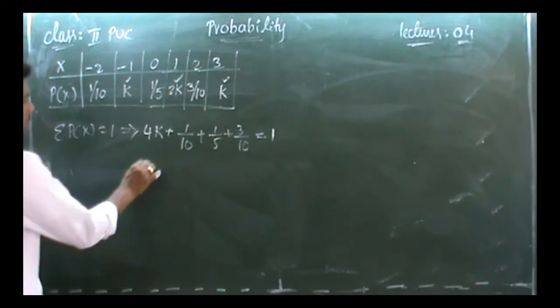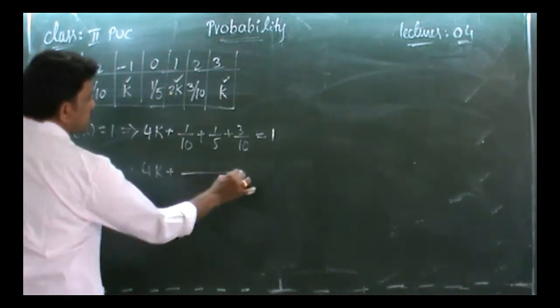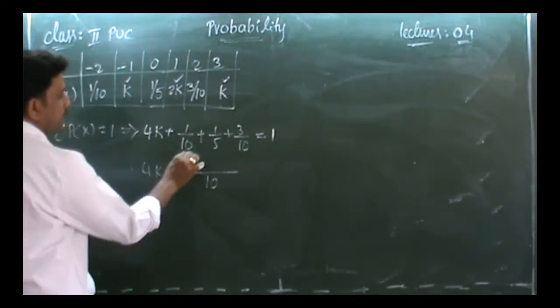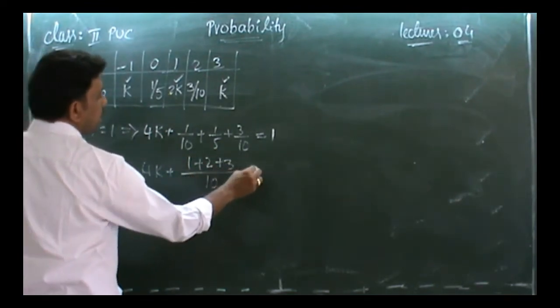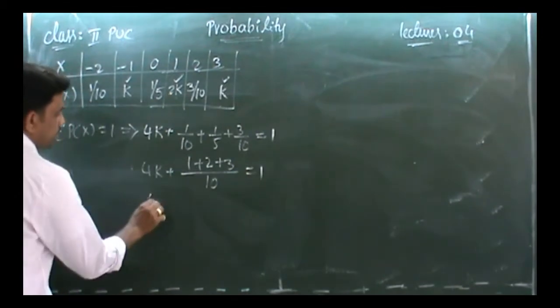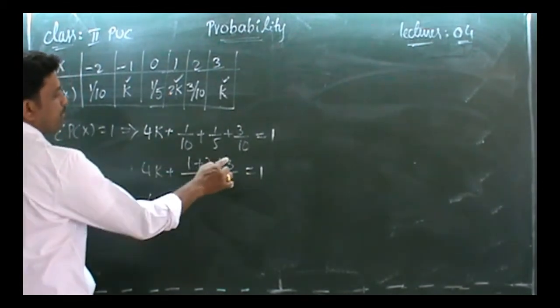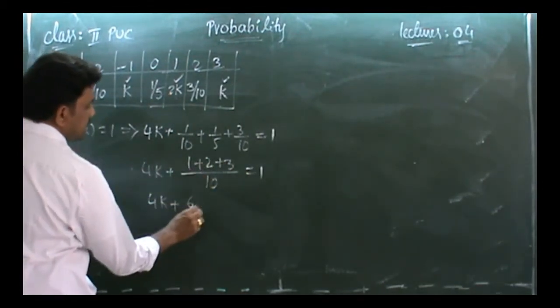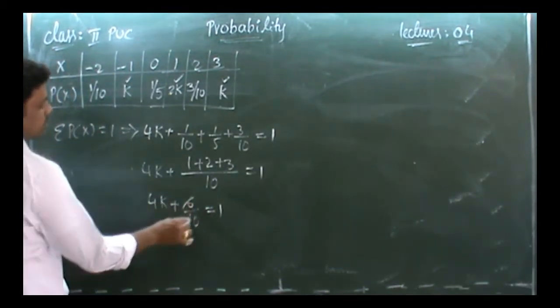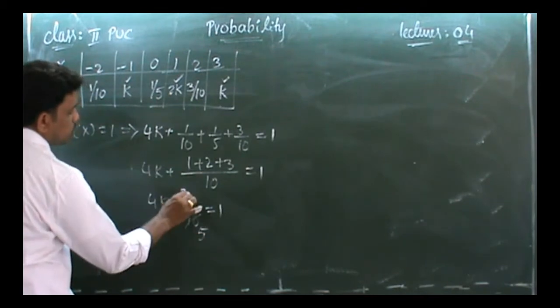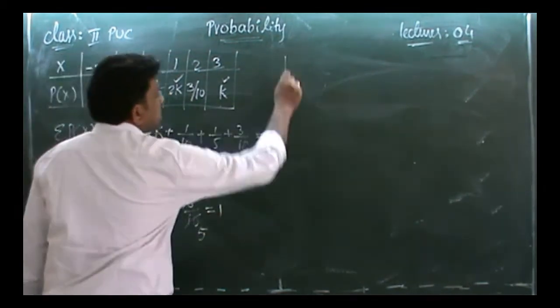So here 4k plus, what is the LCM? 10 is the LCM. 10 ones are 10, 5 twos are 10, again 10 one time and 3. So we can write 4k plus 1 plus 2 plus 3, that is 6 by 10 equal to 1. If it is possible, cancel it. 2 5s are 10, 2 3s are 6, so plus 3 by 5.